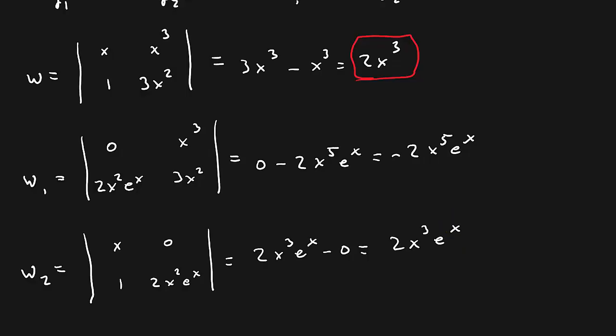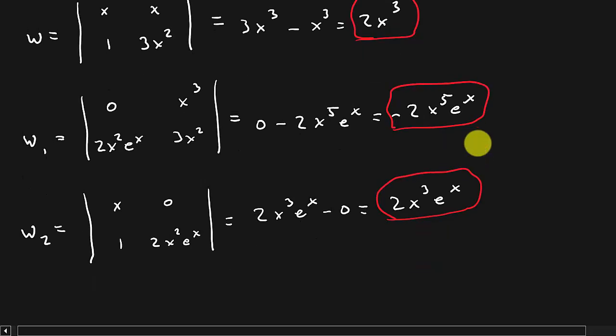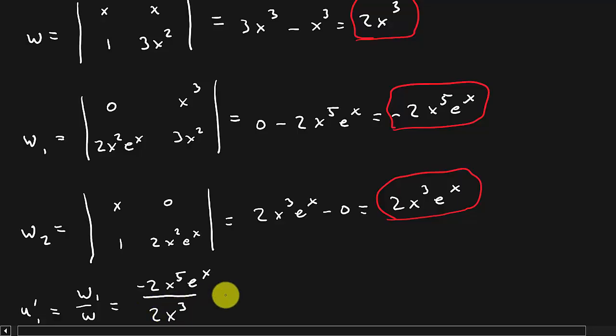And of course I'm going to use this and this. So if you remember, u prime 1 is equal to W1 over W, which is negative 2x to the 5th e to the x over 2x cubed, which gives me negative x squared e to the x.